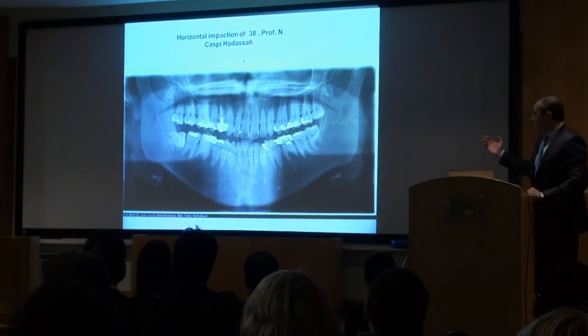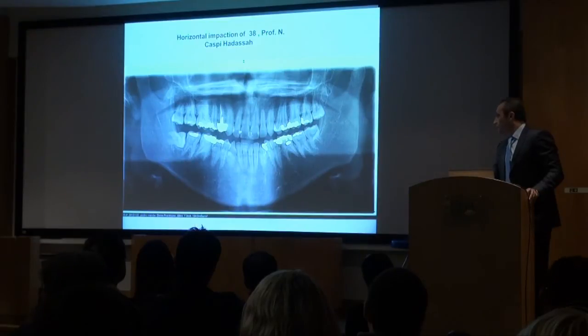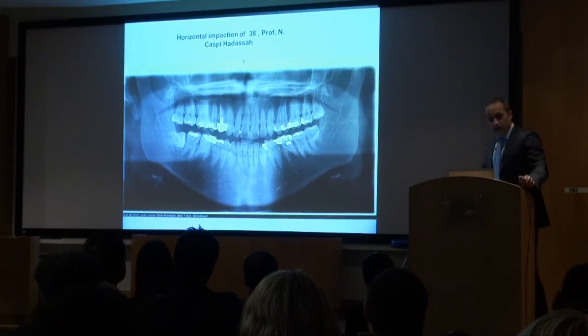As you can see here, extraction of such a tooth will definitely compromise the distal root of the 7th, and in our opinion the fate of this tooth is also to be the next candidate for extraction. Otherwise, we do some grafting.